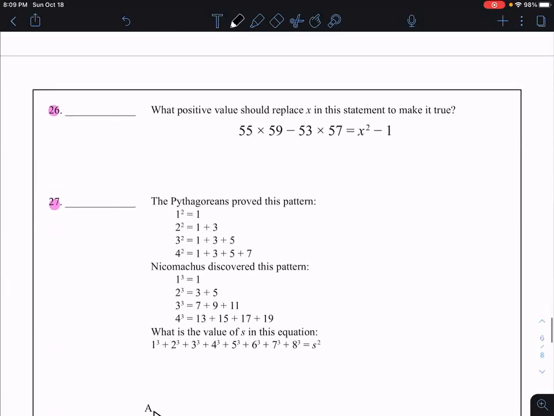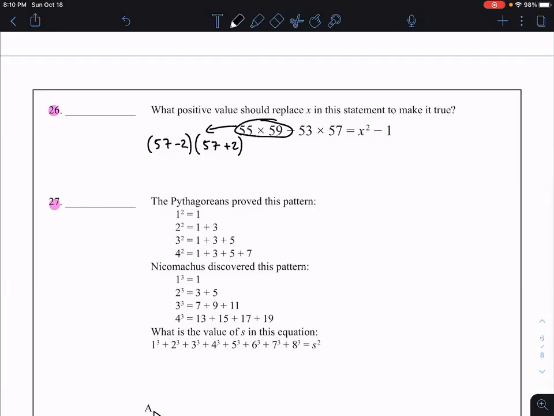Ooh, 26. Yeah, this problem requires a bit of thinking. So here, we're going to do it this way. This thing can turn into 57 minus 2 times 57 plus 2, since 57 minus 2 is 55, and 57 plus 2 is 59.